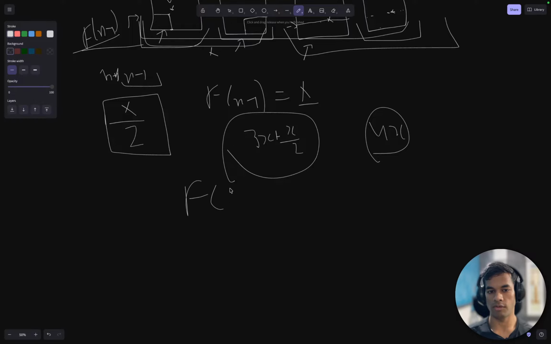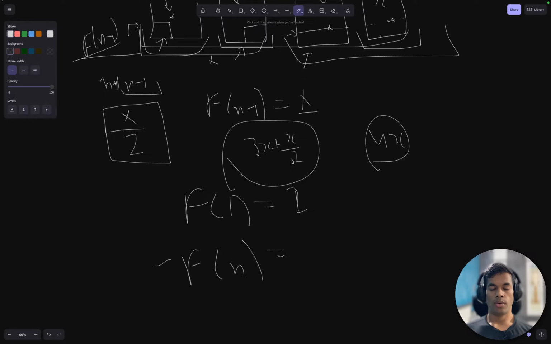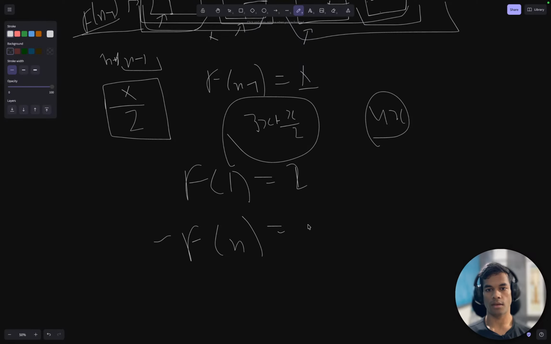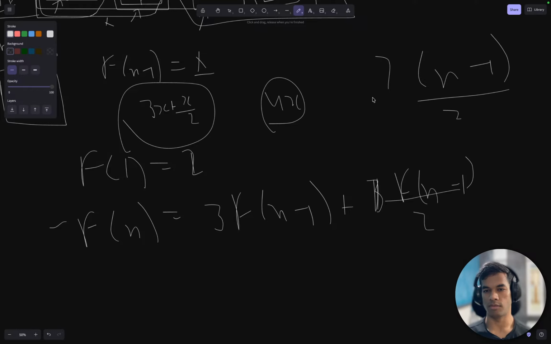And we also have our base case, which is 2. Then fn in general would be 3 fn minus 1 plus fn minus 1 by 2, which is just 7 fn minus 1 by 2, which is kind of similar to what we were at earlier, 7 by 4 into x.